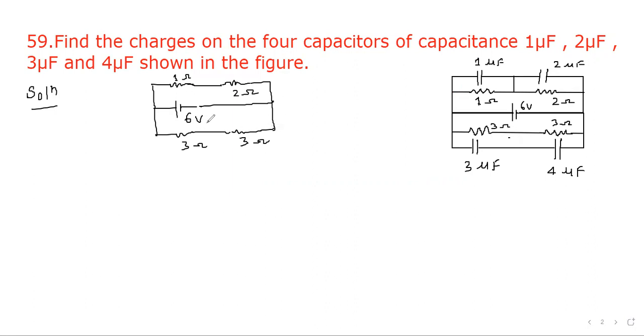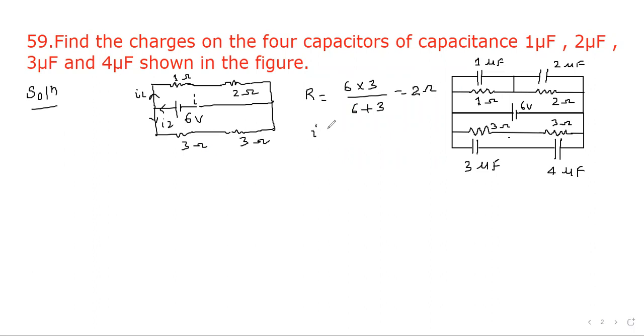Now we have to find out what current flows from here. So here it will be I1, this is I2. So let's find out what I is first and then I1, I2. So total resistance: here 1 plus 2, 3 ohm. This is 6 ohm. When these two are in parallel, R equals 6 into 3 divided by 6 plus 3, that is 2 ohm.